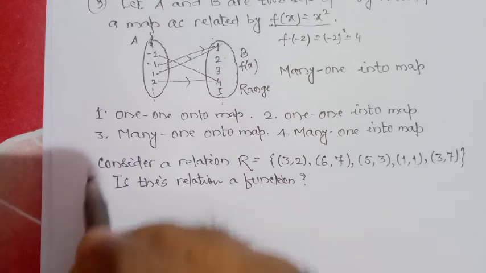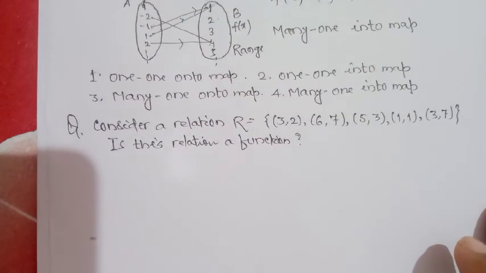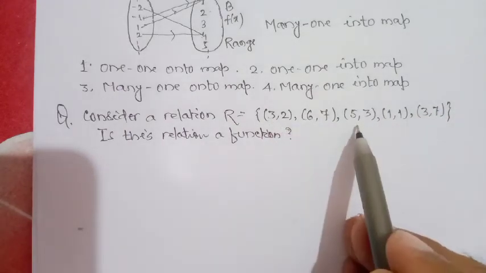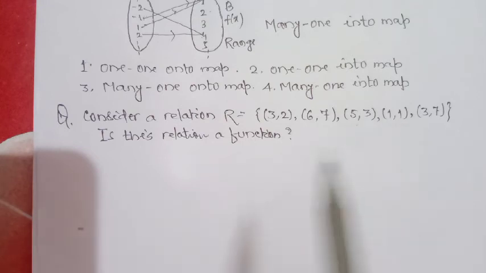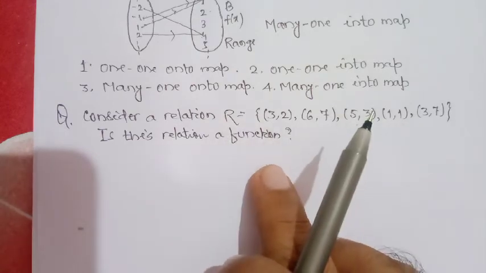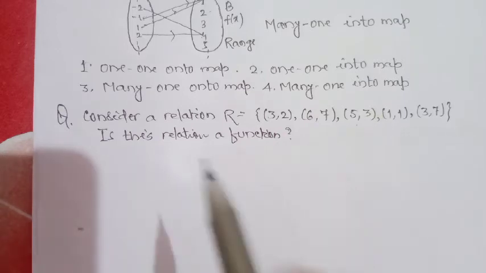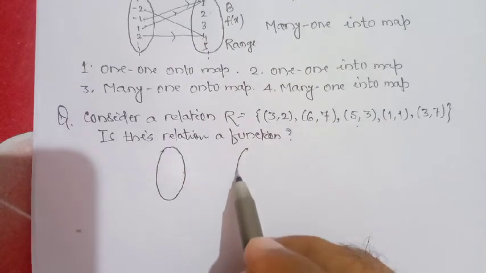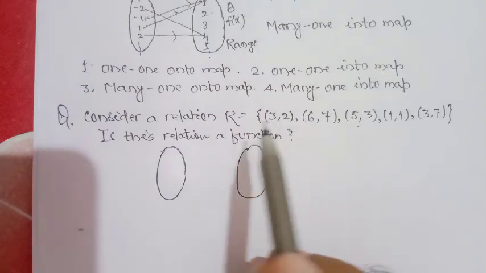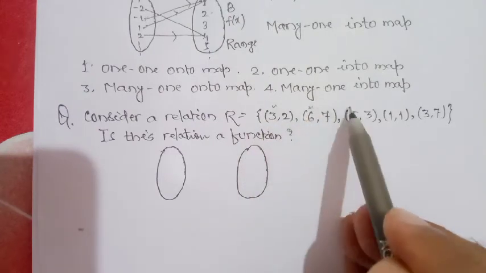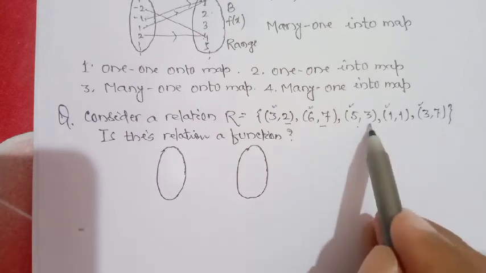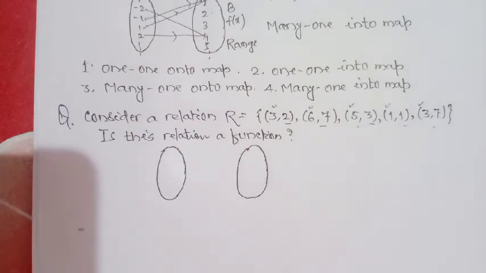Consider a relation R: (3, 2), (6, 7), (5, 3), (1, 1), (3, 7). Now the question is, is this relation a function? So first of all, construct domain and codomain on this basis. The first element of each ordered pair is called domain, and the second member is called codomain or range, and of course they are set.